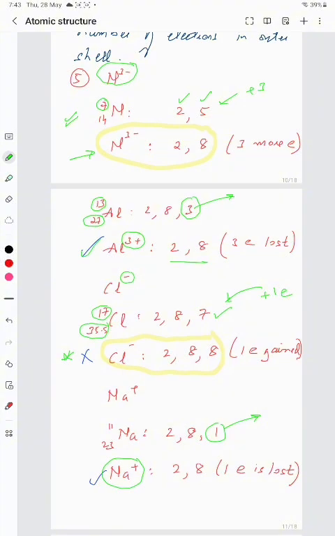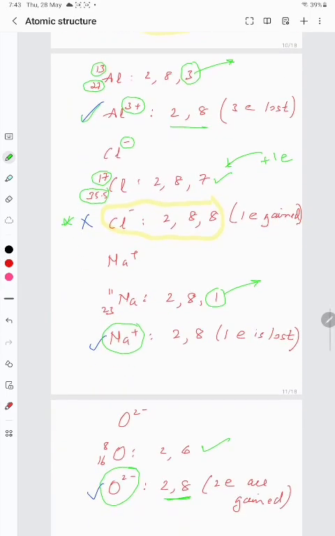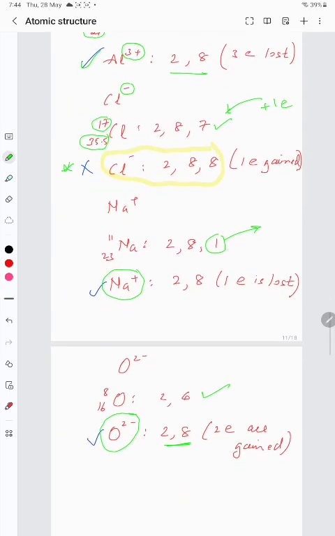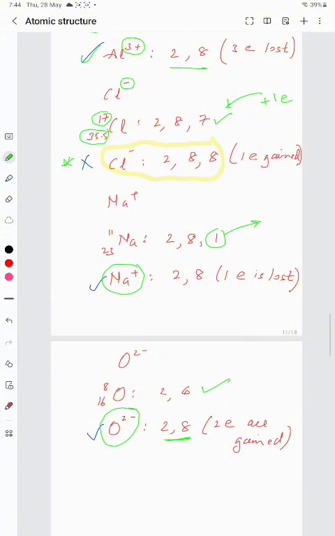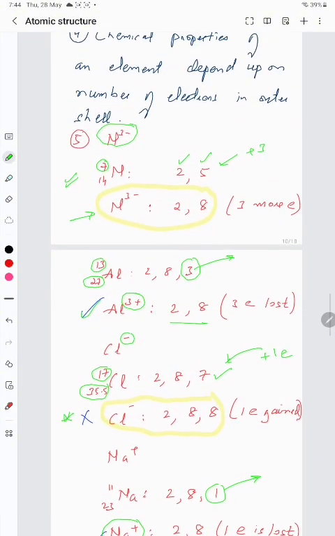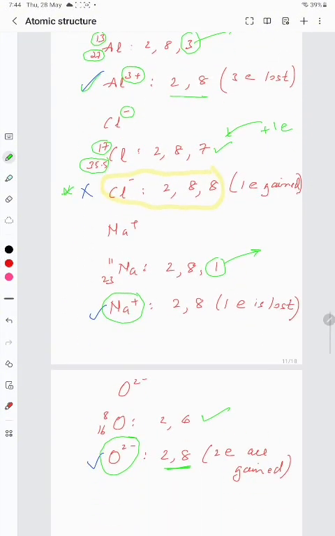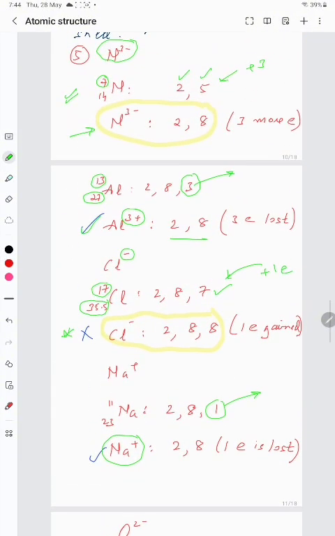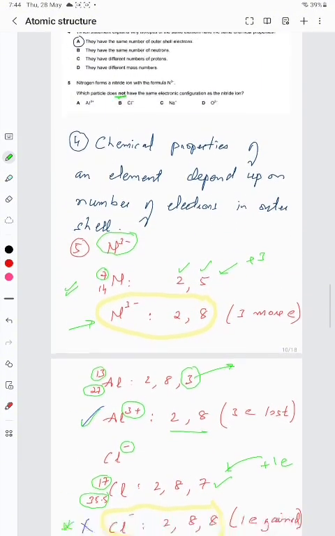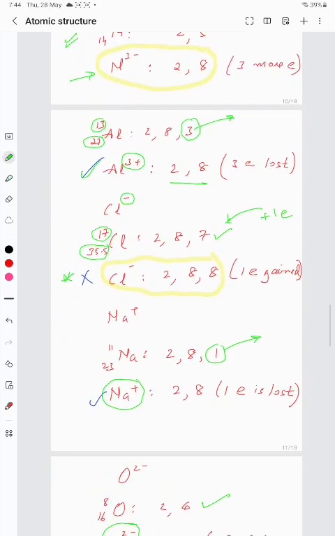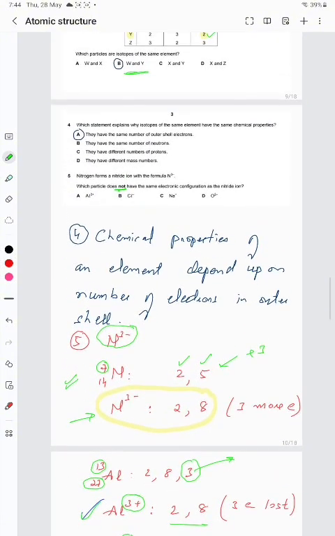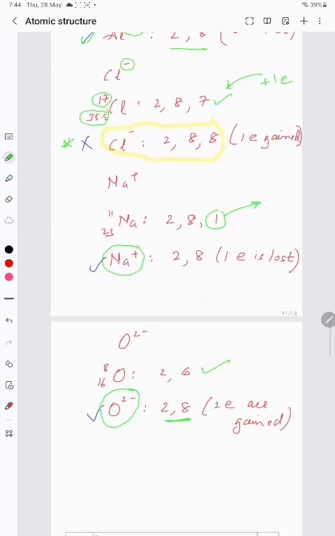Nitride is 2,8, so this is also 2,8. We are not looking for this. O2 negative is 2,8. This is also matching, so you're not looking for this. So there is one which is not matching. This is chlorine, Cl negative, and Cl negative is in B. So the correct option is B.